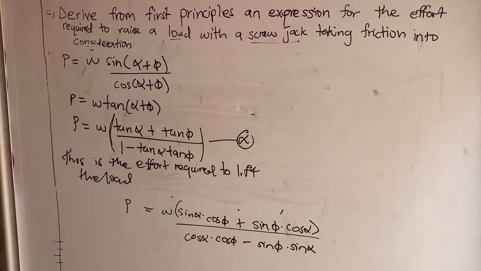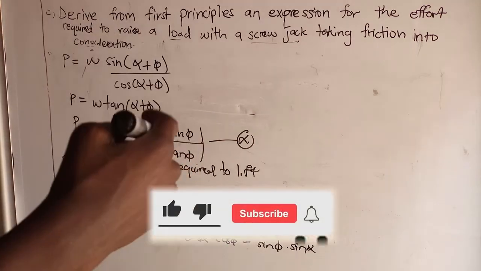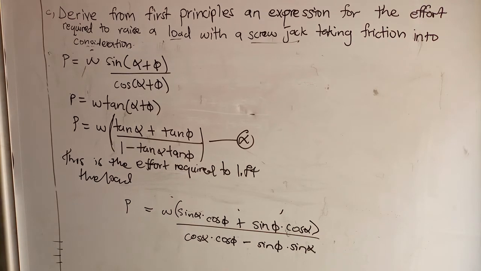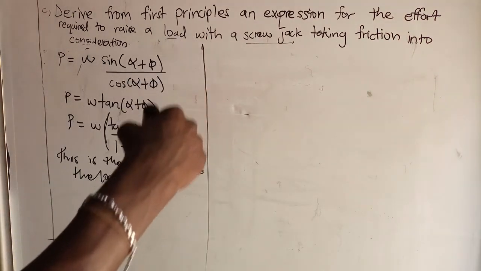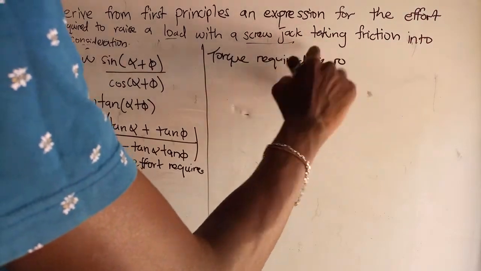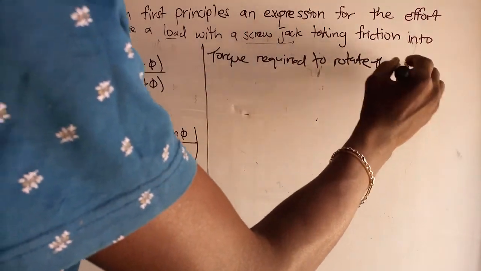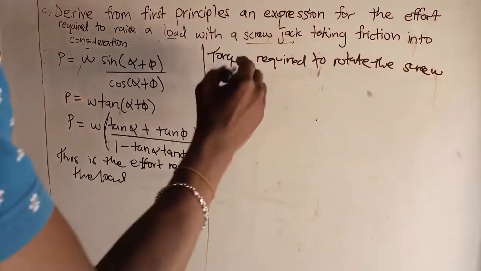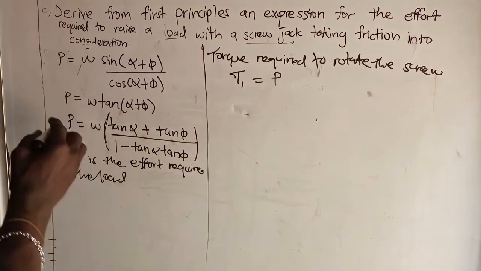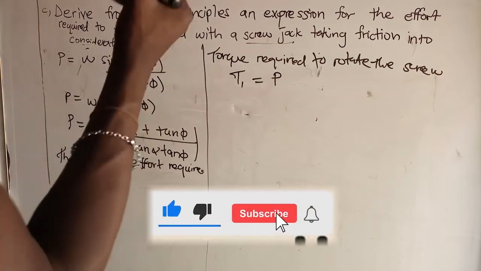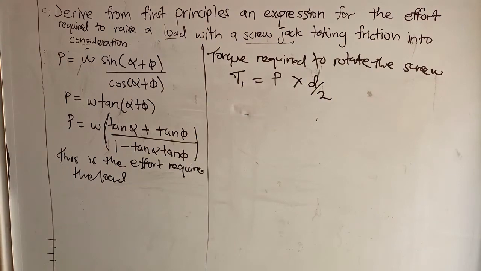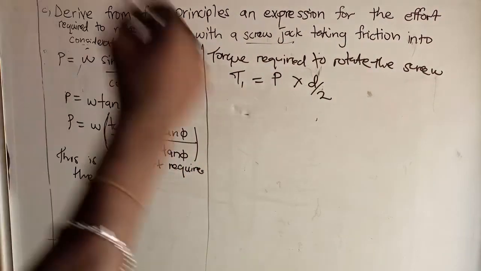So for us to be able to derive the torque that is required to raise the load with a screw jack, we are required to first derive the torque required to rotate the screw. The torque required to rotate the screw is given by T1 equals P, which is the effort we have been generating, the effort required to raise, times D over 2. Let me explain this.